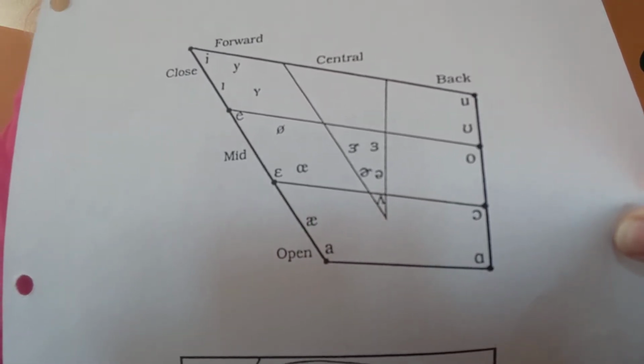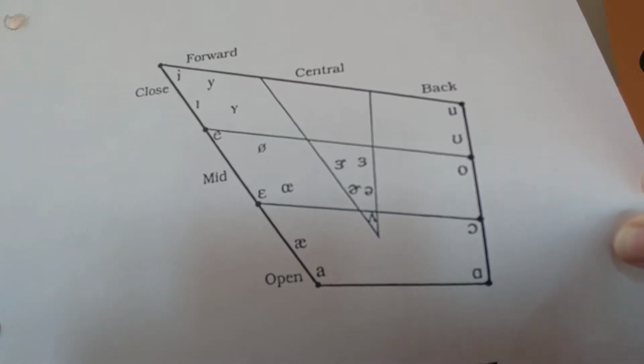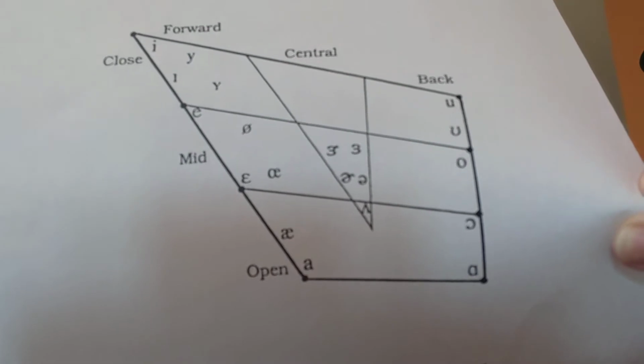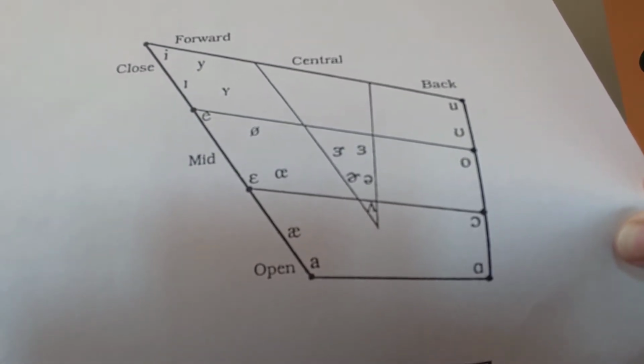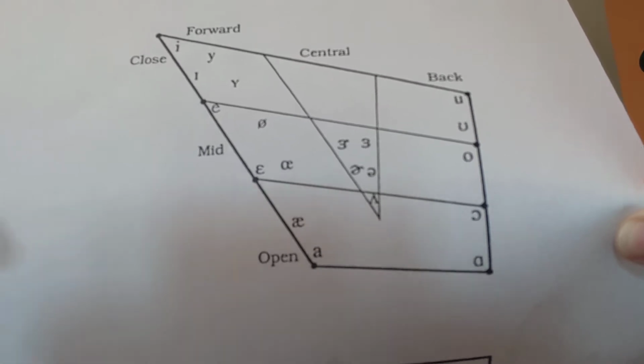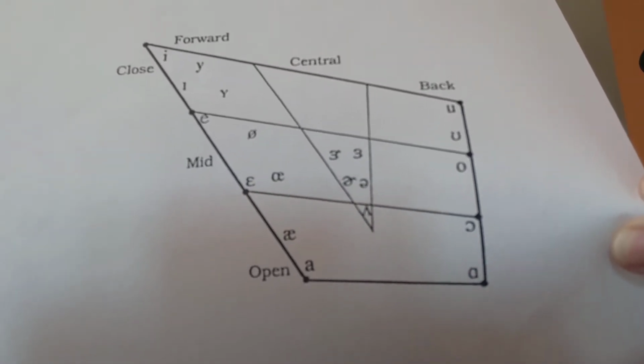E, I, E. Sorry, let me try that again. E, I, E, A, Ah. Now, if you just wanted to put your tongue very high, and I'm going to move the chart away so that you can watch me do it.